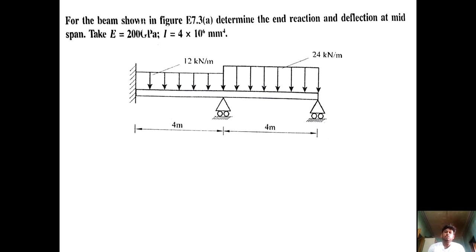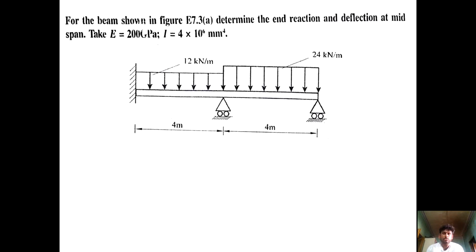In the problem, it is very much clear that both elements 1 and 2 are acted on by a uniformly distributed load but with different magnitudes. If you observe our sketch carefully, node 1 is completely fixed. Therefore, the two variables related to node 1 become 0, that is V1 equals 0 and theta 1 equals 0.